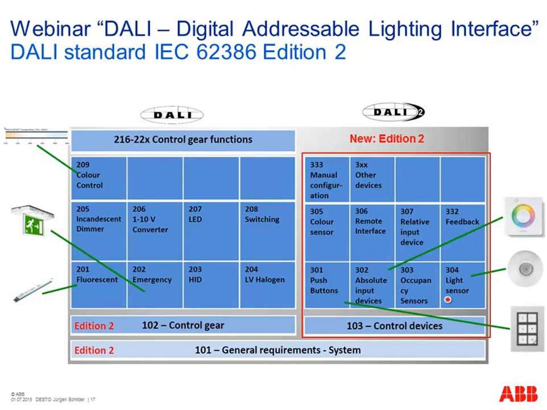Control devices, you see a light sensor, for example, any element which can directly adjust a colored light in a building, in a room, for example. We will see which products will come in the future, but this will be an additional part in the total standardization IEC 62386.